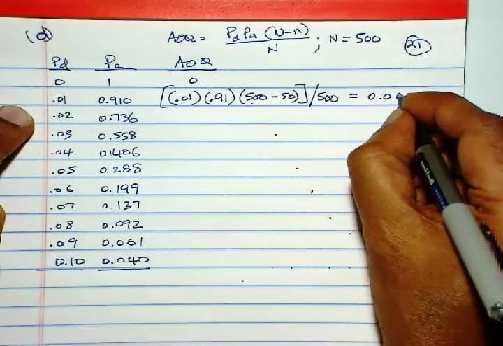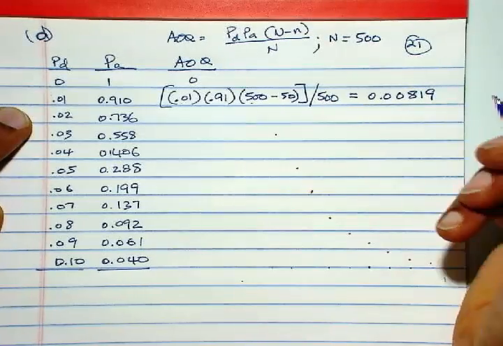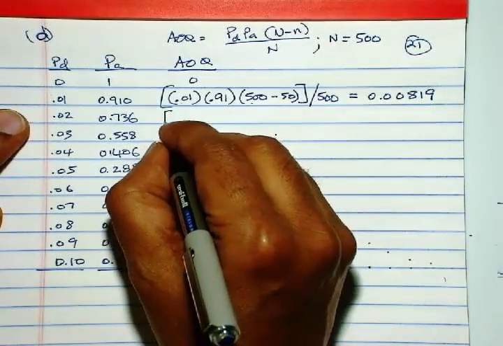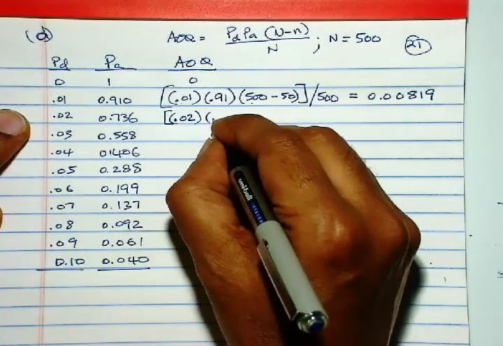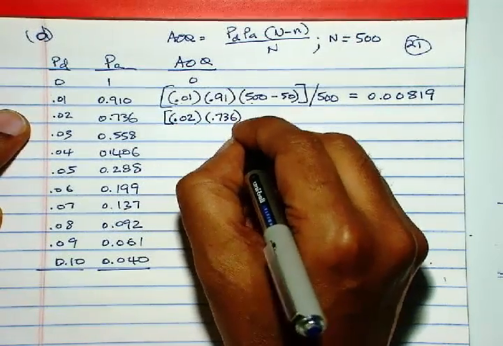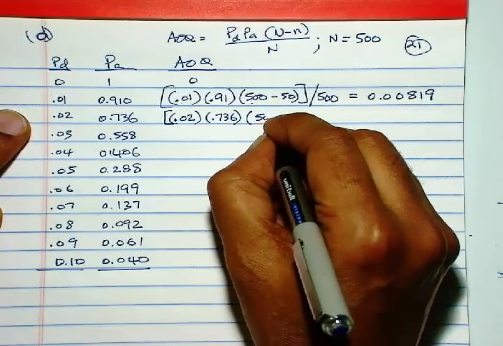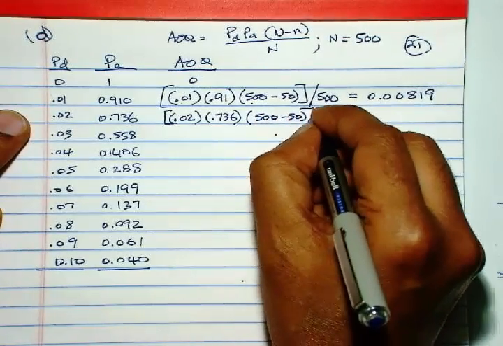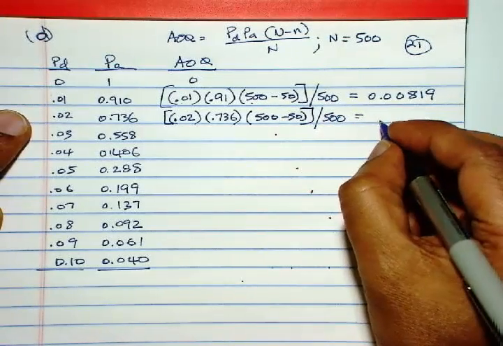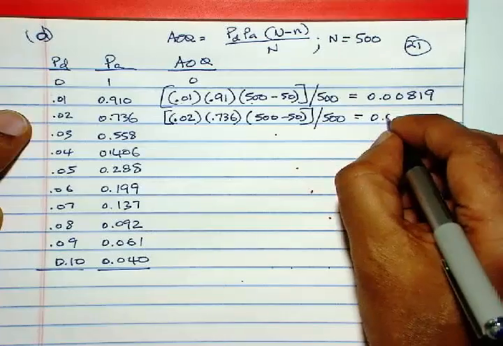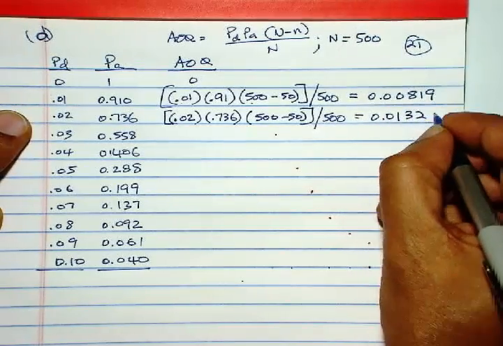Then the next one is 0.02 times 0.736 times 500 minus 50, divided by 500, and that happens to be 0.01325. And similarly we can compute the rest of them.